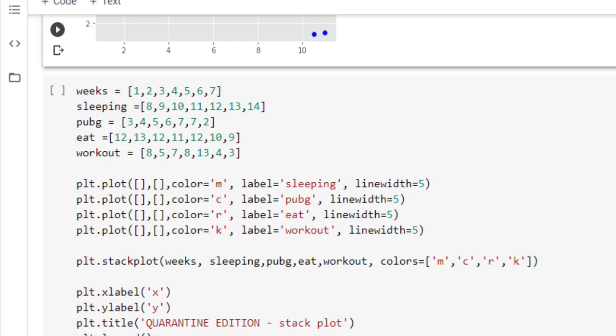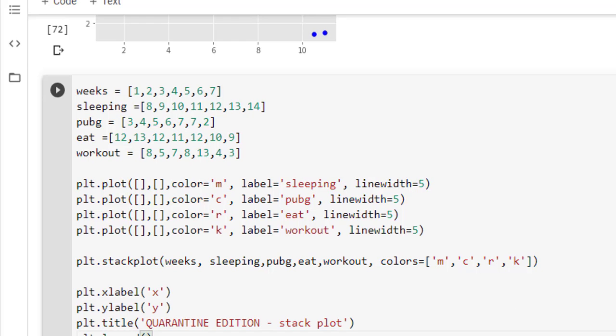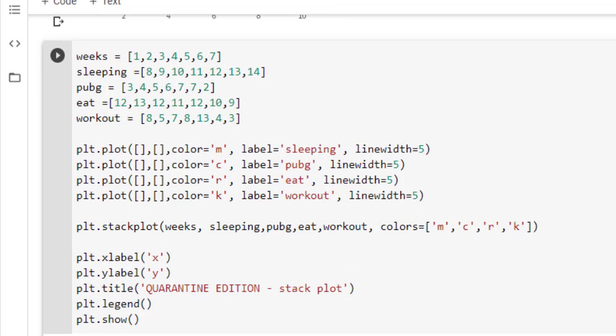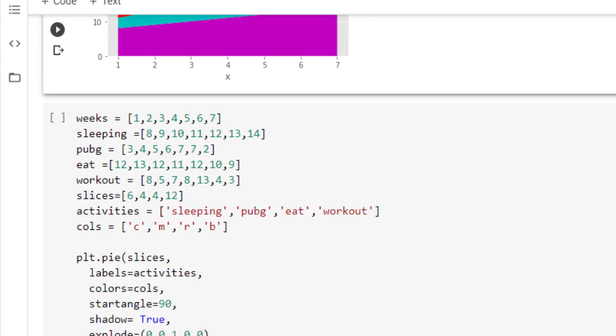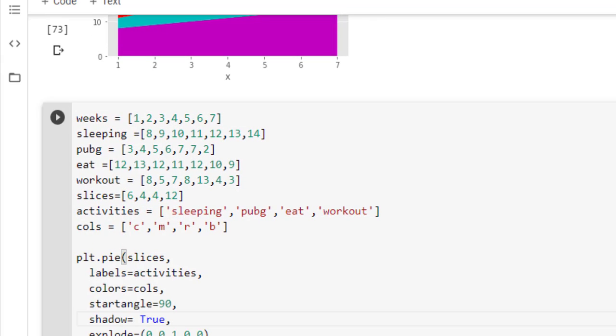Next we take 7 weeks, and the data of people who like to sleep or play PUBG or eat or work out during this quarantine, and give them each a different color. And when we run this, we get a stack plot. As you can see, purple denotes sleeping and different colors denote different things.